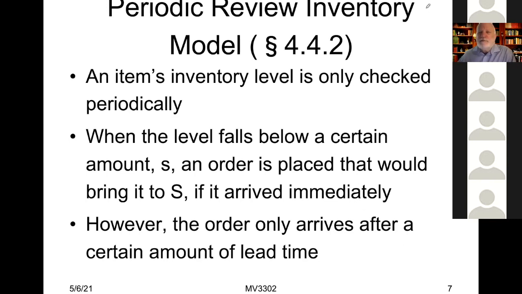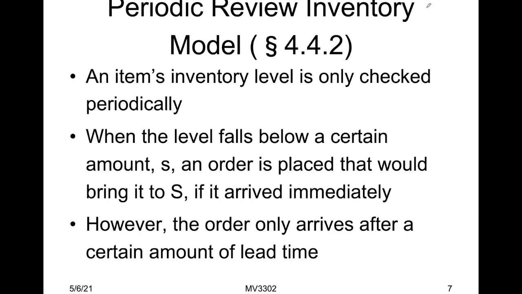I'm hearing crickets, so I guess nobody yet. No? Okay. All right, well then, so this is your first one. Okay, so the idea here is that you have an items inventory and you only check it periodically. This is called a periodic review.